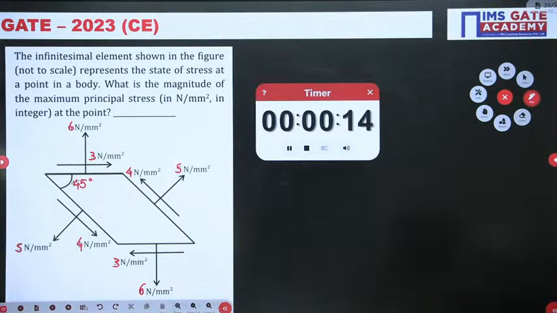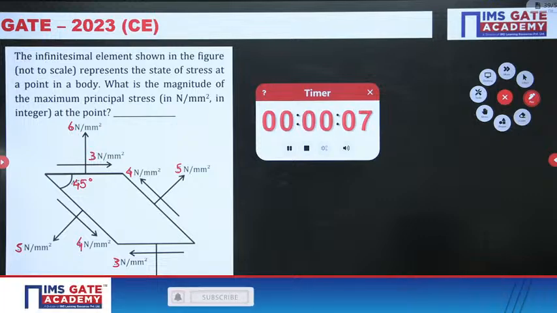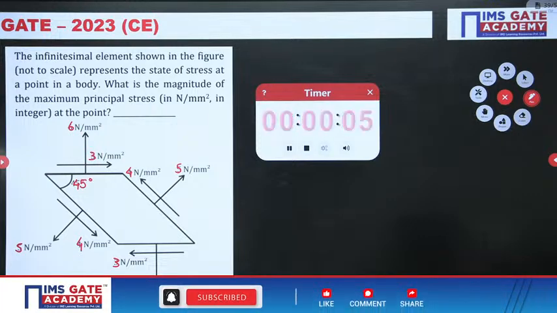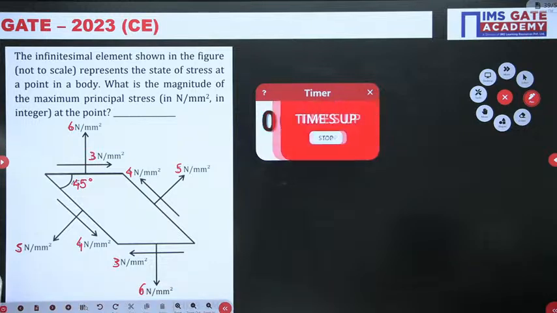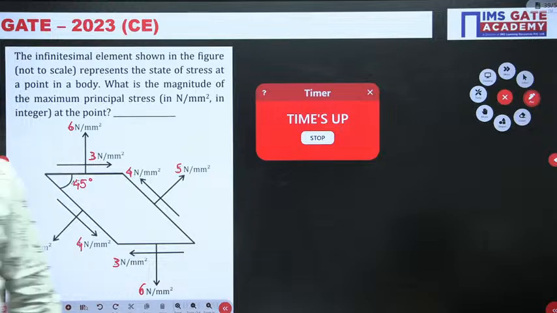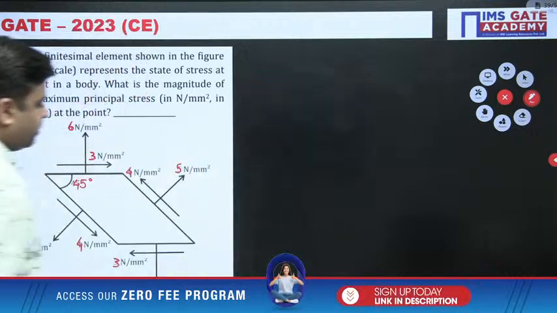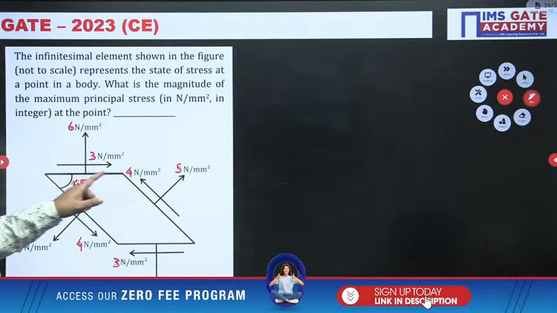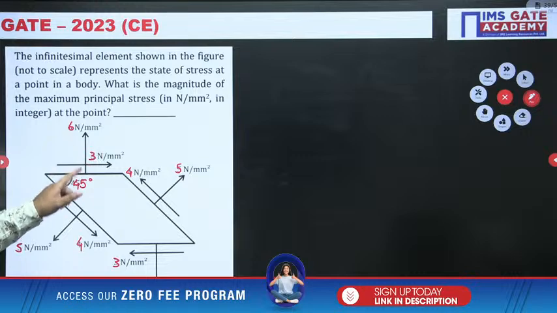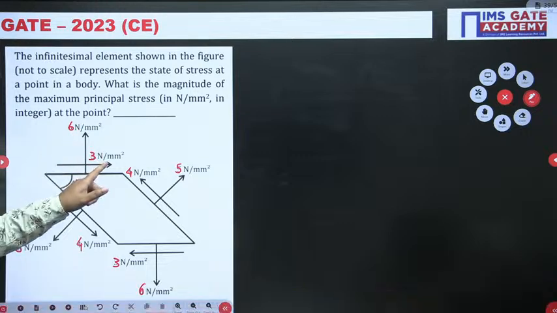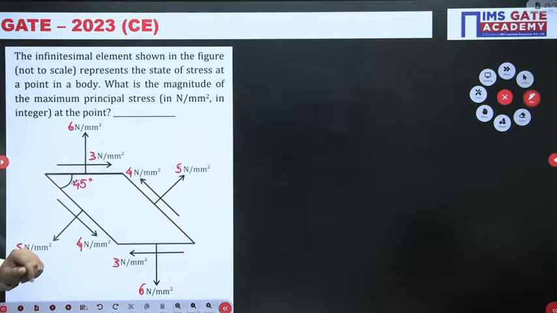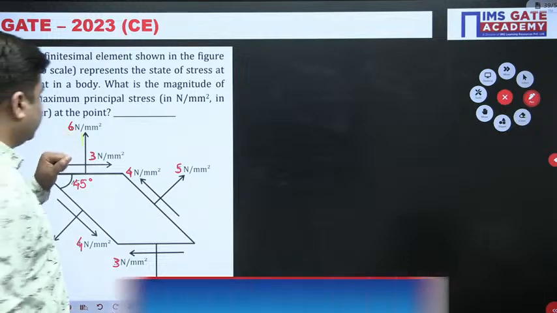Please solve this. Okay, let's see this. First of all, what all things are given to us? This is a y plane, so you know the value of sigma y and you know the value of tau yx.